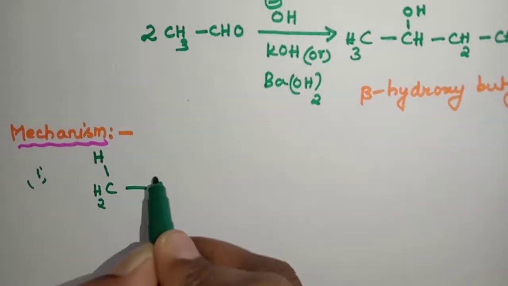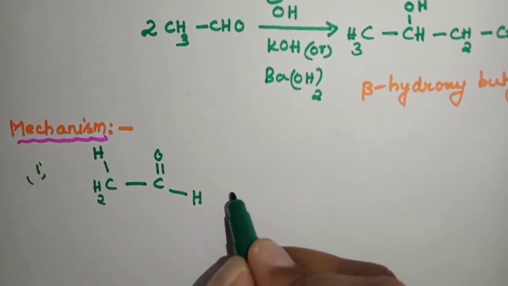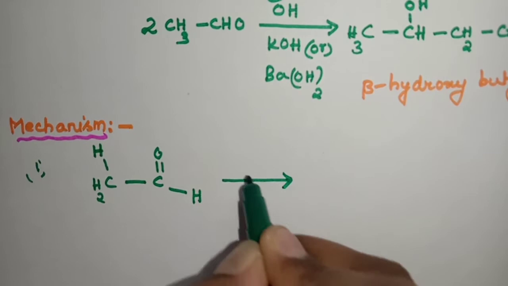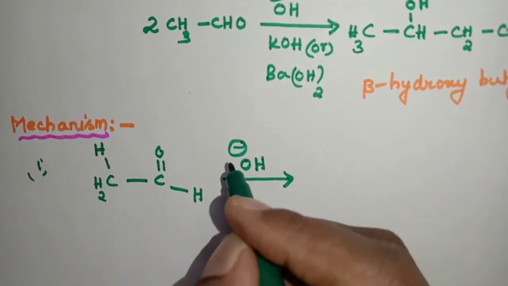So CH2H, C double bond O, H. Like this you write down. It takes place in the presence of a base, here OH minus.